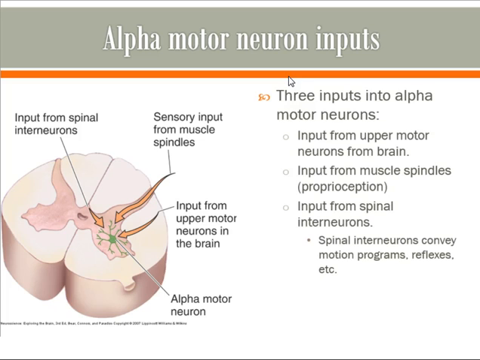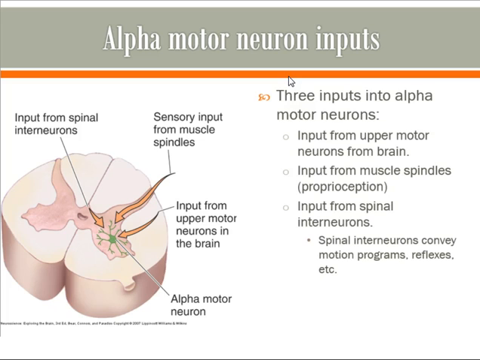So if you're trying to force your arm to stay at this angle, even though some jokester is coming up and grabbing your arm and pulling it down, you have a reflexive circuit where these muscle spindle organs detect that your muscle is starting to increase in length, send signals back up, which will innervate the alpha motor neurons and cause you to contract even harder to oppose that increase in length. So that's one thing: sensory input from muscle spindles.